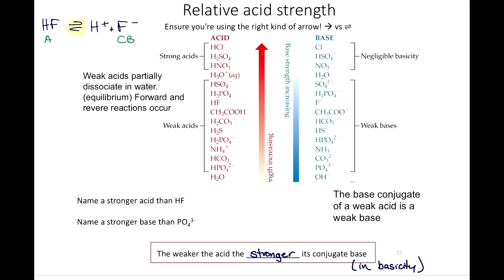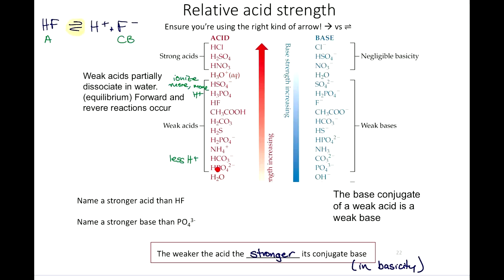If we have a relatively strong weak acid, we ionize more, meaning we make more H plus in water. So essentially the forward reaction is more dominating in our strong weak acids versus down here where we have weaker weak acids, we ionize less, we make less H plus in water. And we could measure that if we measured the pH.